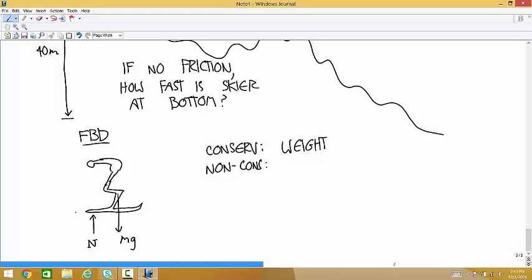It doesn't matter. It is non-conservative, which is a concern, but it's not going to do any work. So the normal force is non-conservative, but it doesn't do work. So we can use conservation of energy.